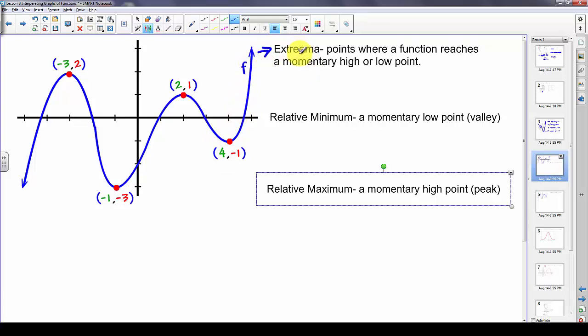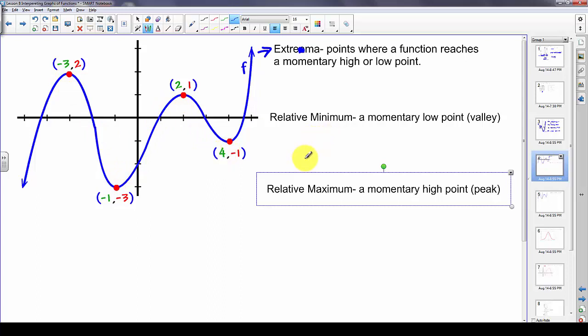All right, the next term we're going to talk about is extrema. I spelled that wrong. It should be E-M-A. So extrema are points where the function reaches a momentary high or low. You'll see this graph goes up forever and down forever, but there are these peaks and valleys within the graph itself. Those peaks and valleys, these points in red, are all known as extrema.